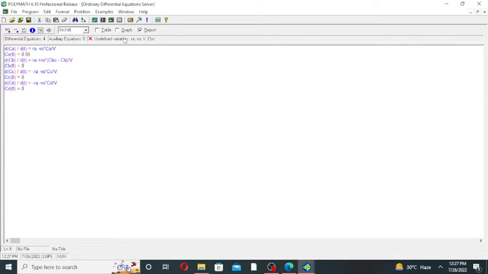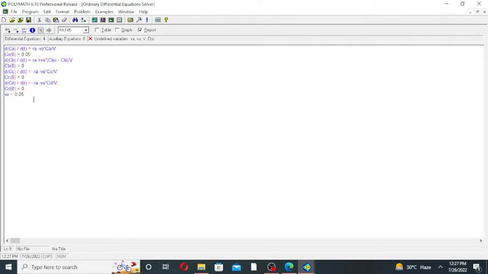Now the undefined variables are V naught, V, CB naught and RA. V naught is the volumetric flow rate of the entering component B. It is given in the problem that the volumetric flow rate of component B entering the semi-batch reactor is 0.05 dm cube per second.